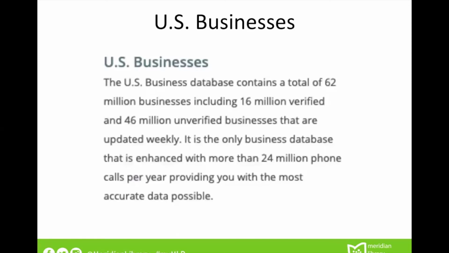So to start, we are going to use the US businesses database. Right now, they keep updating this, but it is 62 million businesses included, including 16 million verified, which means that they make phone calls and ensure that the addresses and that information is correct. So this is always being updated and added to.